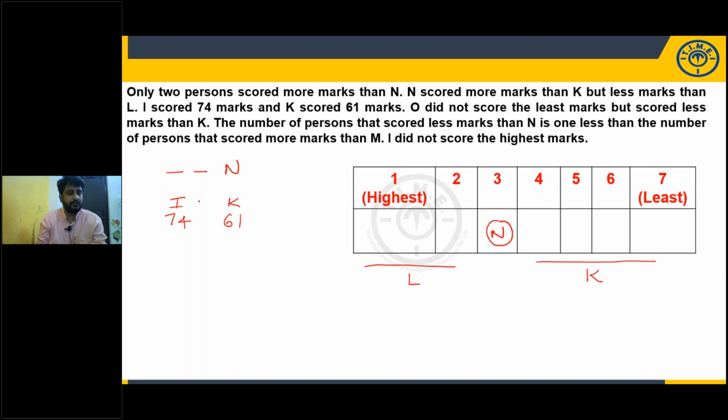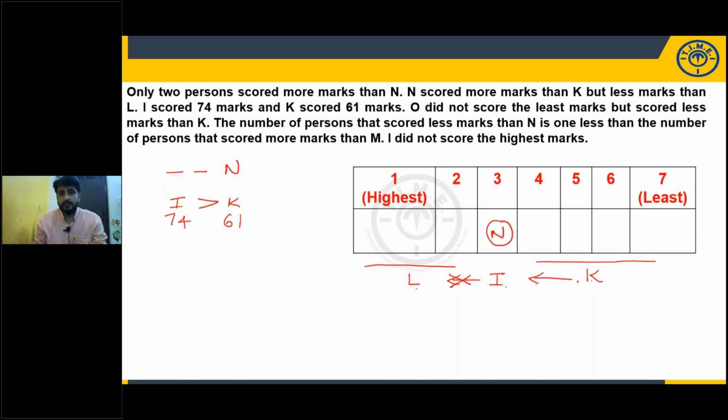With the help of this clue, I can say that I scored more than K. So I will be here between L and K. We cannot say that L should be placed before I, but I should be placed before K. Even L has to be placed before K. That we can say.